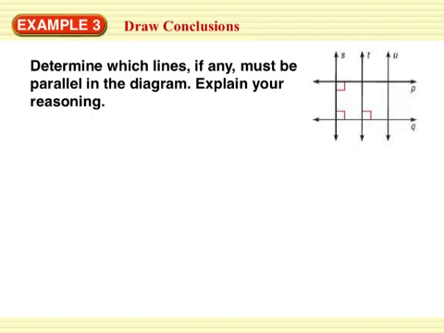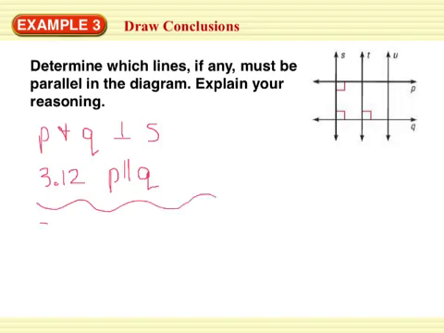So first of all, we can say that P and Q are perpendicular to S. So theorem 3.12 says that P is parallel to Q. Okay, we can also say that S and T are both perpendicular to Q. So theorem 3.12 also says that S is parallel to T.